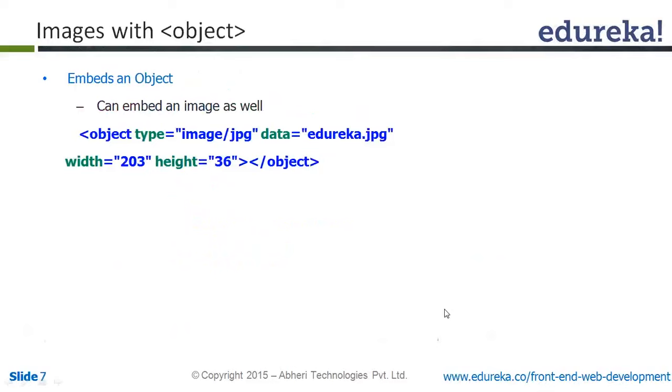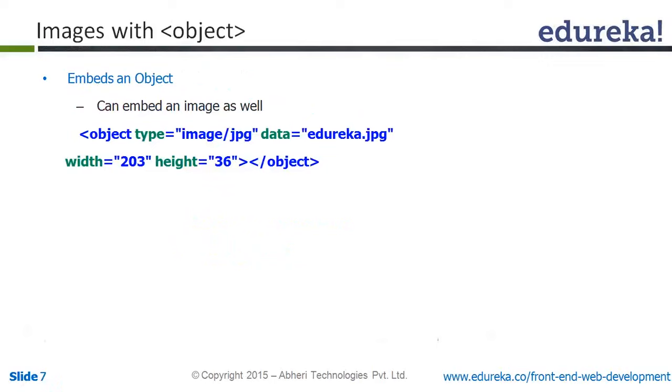As I said, there's another way to embed the image, and that is using the object tag. Whenever you are embedding an image, it's highly recommended that you use the image tag rather than the object tag. You should use the object tag only if no other HTML tags are available.